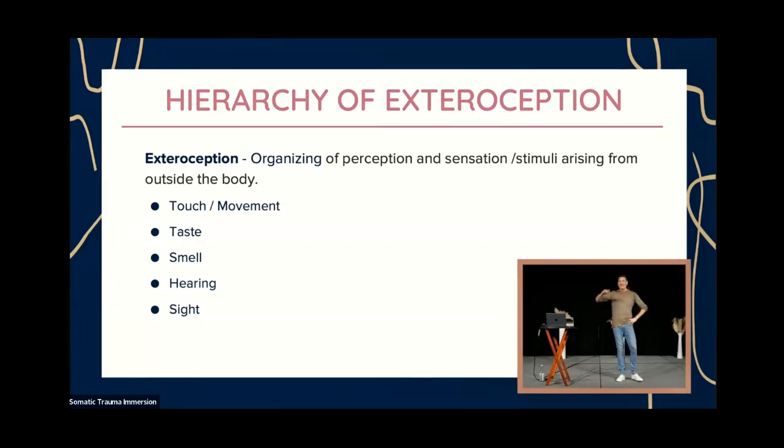There's actually a hierarchy of our senses. They didn't all develop at the same time, and that's going to be really important when we look at the repatterning or the rewiring later on in relationship to trauma. So we have touch and movement, our first senses to develop, to myelinate in utero.